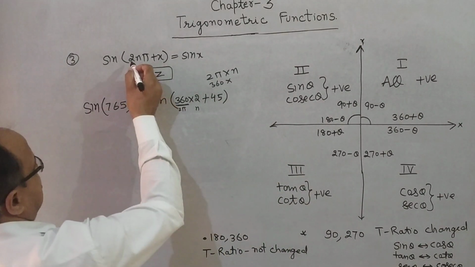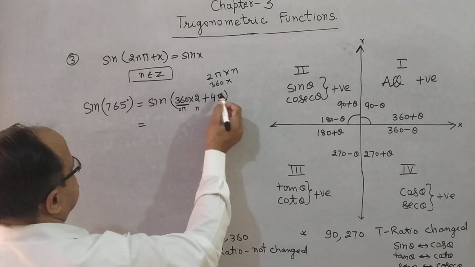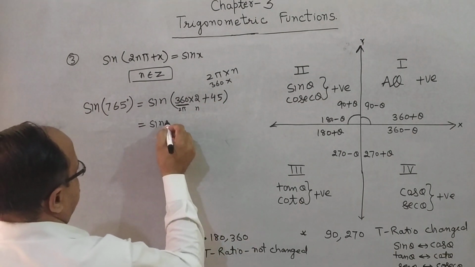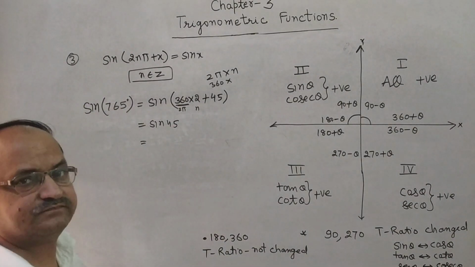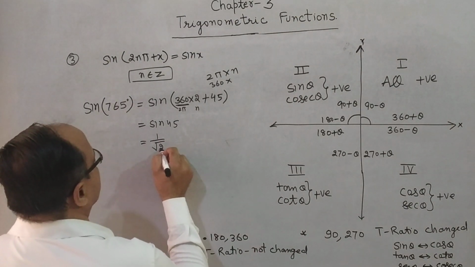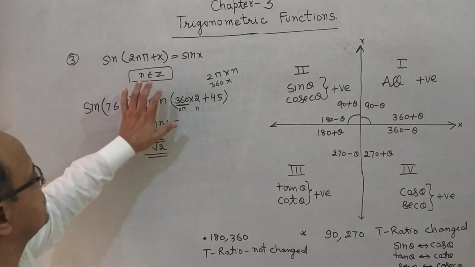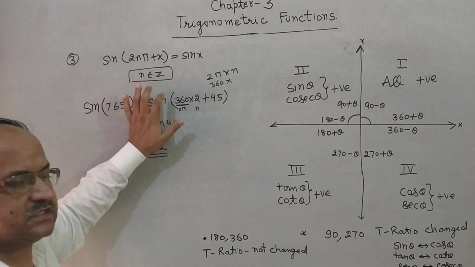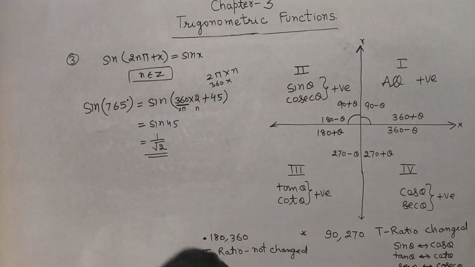Then apply this formula. According to this formula, sine of 2n pi plus theta, this is theta, this is x. So you can write sine 45, and the value of sine 45 is 1 by root 2. This is the solution of this question. You can apply this like this. Correct? Okay. Thank you.